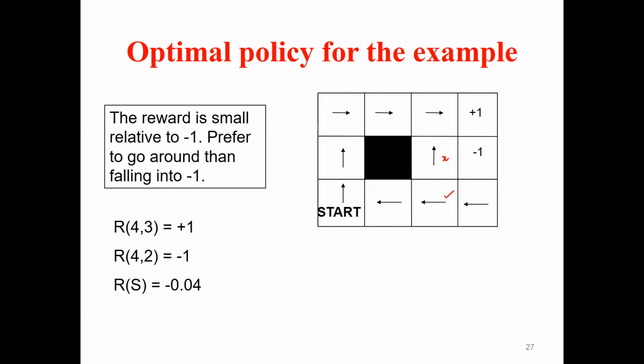But if you see, the cost incurred in every state is very small. It's -0.04. It's a very small value. It will hardly affect my final answer. So here, the idea we are getting is, we are not ready to take any risk.